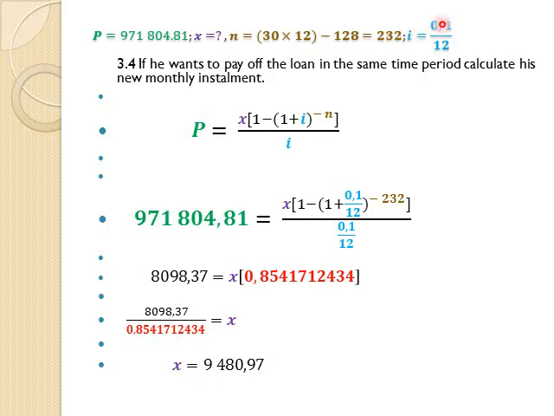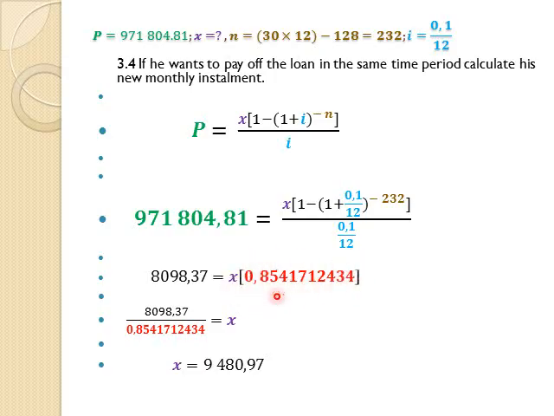I equals 0.1 over 12. So P, and now I assume you can see the formula, P being 971,804.81. Looking for X, times (1 minus (1 plus 0.1 over 12) to the negative 232) over 0.1 over 12. This times that, 8098.37. 1 minus (1 plus 0.1 over 12) to the negative 232 simplifies to 0.8541712434.